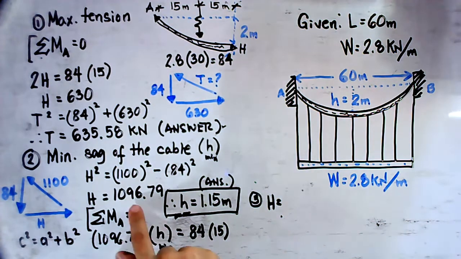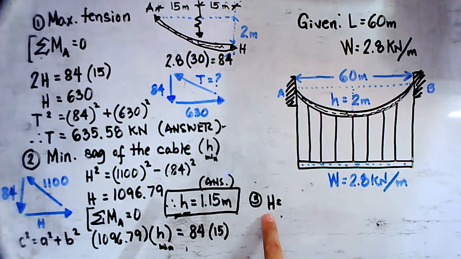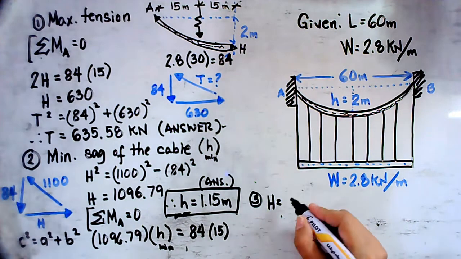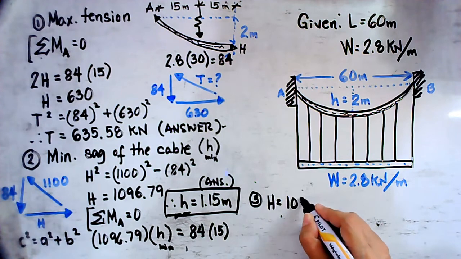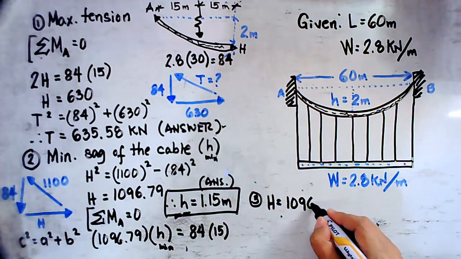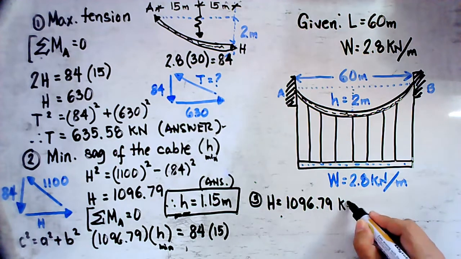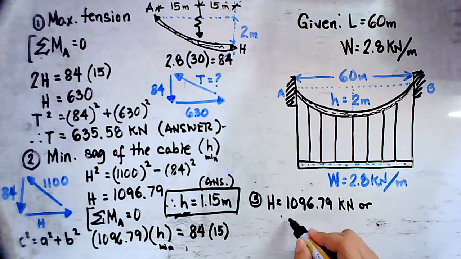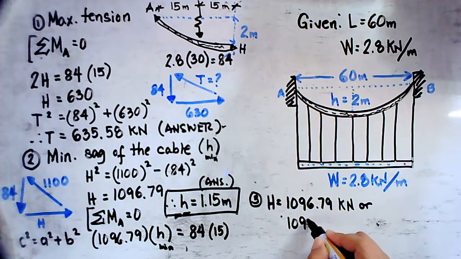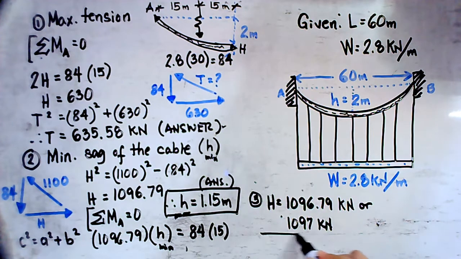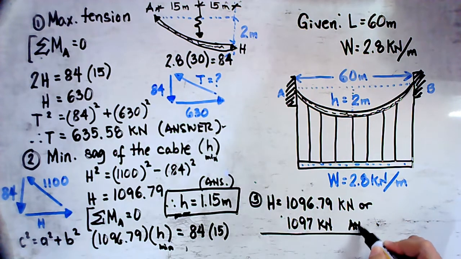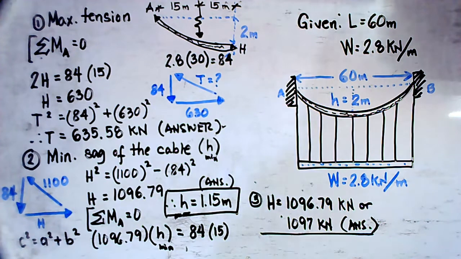That means the value of H that we are going to use is 1,096.79 kilonewton, or round it off, 1,097 kilonewton. So this will be our answer for question number 3.